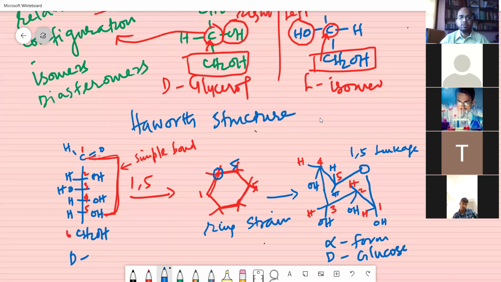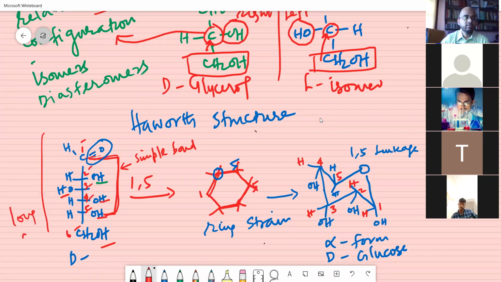Okay, so it is now clear that we have seen the structure of glucose. We establish this group first, and then we establish 5 hydroxyl groups, 1, 2, 3, 4, 5, and then 6 carbon atoms, 1, 2, 3, 4, 5, 6.